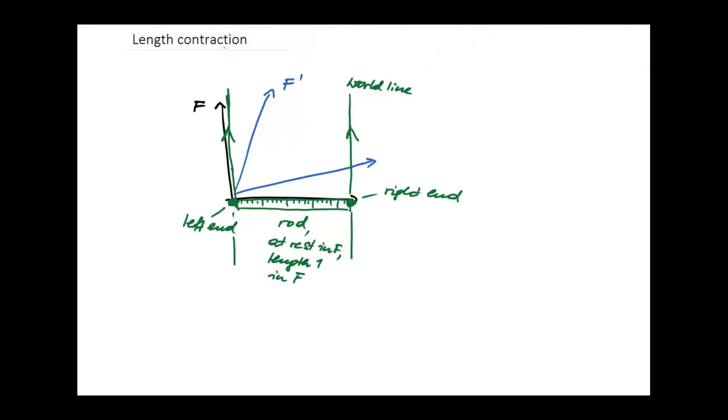F prime will also, on the world line of the left end and on the world line of the right end, take two events which are simultaneous. So, for example, this one here and that one. These two red dots correspond to our events. They are simultaneous in f prime, and they relate to the left end and the right end of the rod.